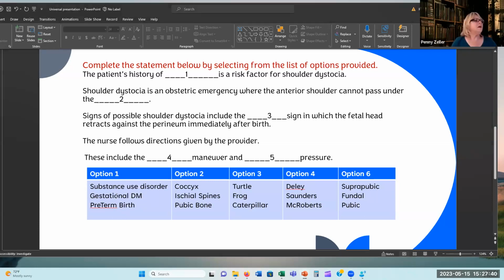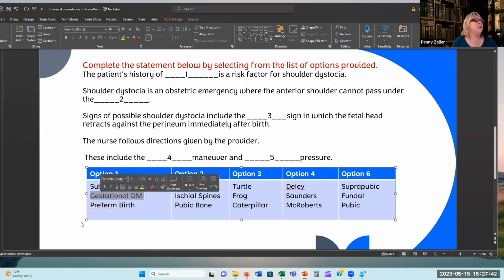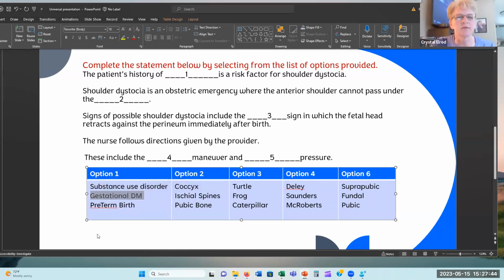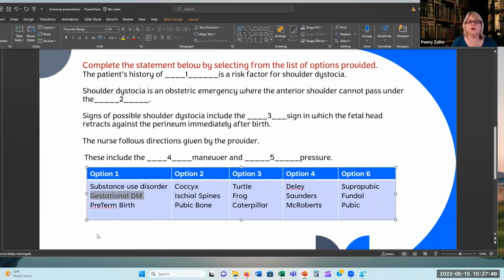And why would that be a problem? Because the baby could be macrosomia or too large. So our gestational diabetics or our type 1 or type 2 diabetics, they have larger babies. And not only do they have more fat on them, but their shoulders are even broader. They have a bigger trunk. So this is very typical, shoulder dystocia of a diabetic. Okay, good. So that's number 1.